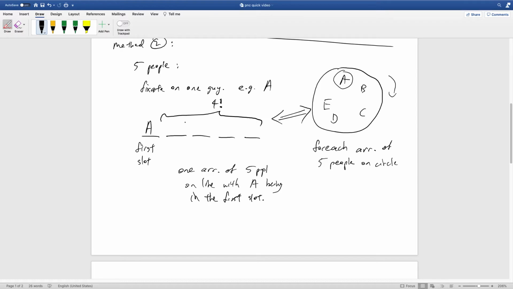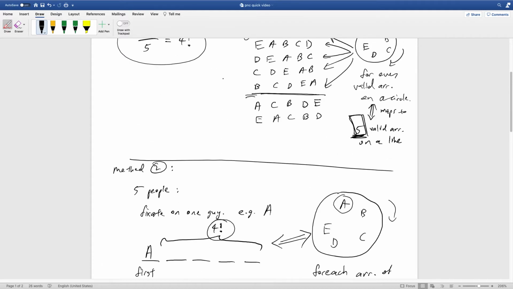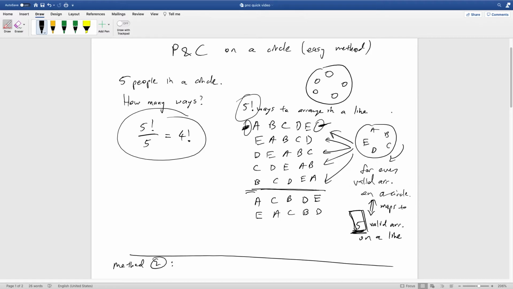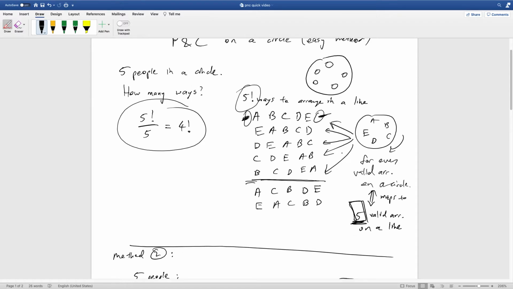So you see that we have reproduced the same answer, but with a completely different way of thinking. Instead of previously overcounting the 5 factorial number of ways to arrange in a line, and then realizing that, hey, for each arrangement in a circle, it maps to 5 arrangements on the line, and then needing to divide by 5 to get 4 factorial.